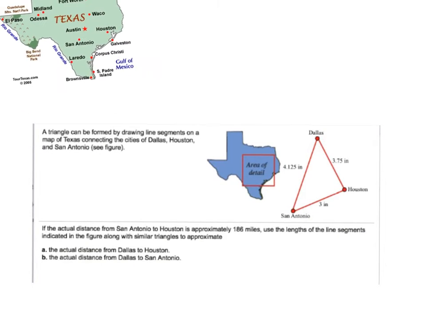So now let me clear this map out of the way and let you see what the rest of the question's saying. They're saying that the actual distance between San Antonio and Houston is 186 miles. On the map, the distance between San Antonio and Houston is 3 inches.